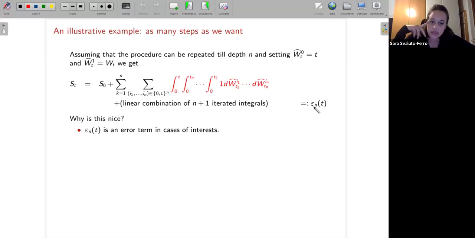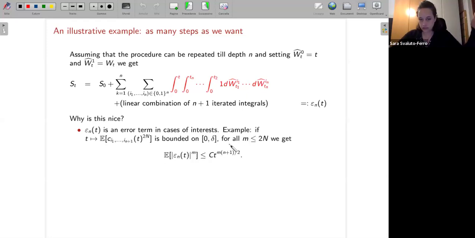And why is this nice? Because epsilon n is an error term in many cases. For example, if you take the expectation, you know that Brownian motion goes to 0 as the square root of t, so every time that you integrate, you go to 0 at least a square root of t quicker. The deeper you go, the quicker this error goes to 0. So epsilon n behaves like an error term.